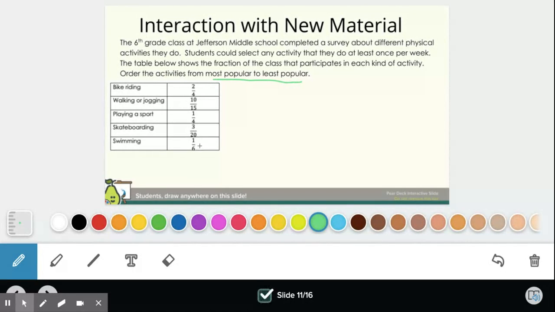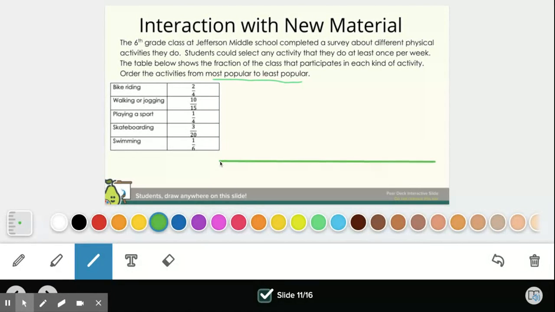All right, and we have several fractions here that do not have a common denominator, and from the looks of it, pretty challenging to create a common denominator for these fractions. So we're going to try to round using some benchmarks here. I'm going to create a number line right over here using the same benchmarks that we used on the Think About It.